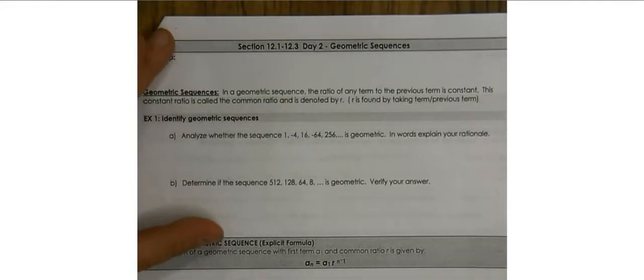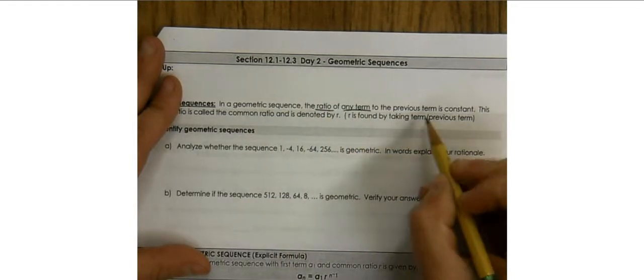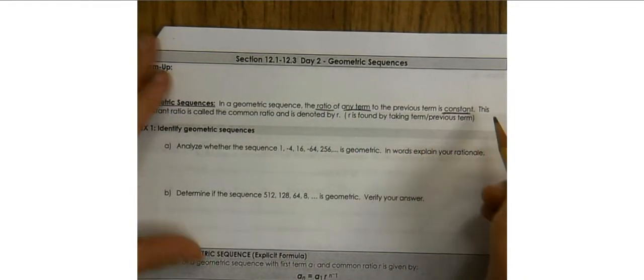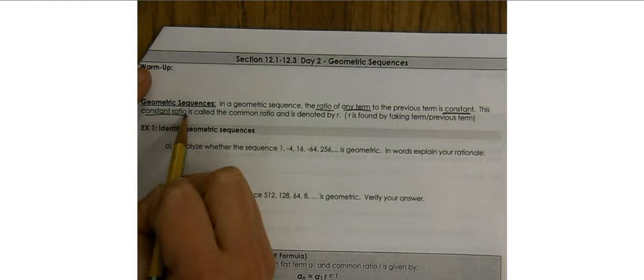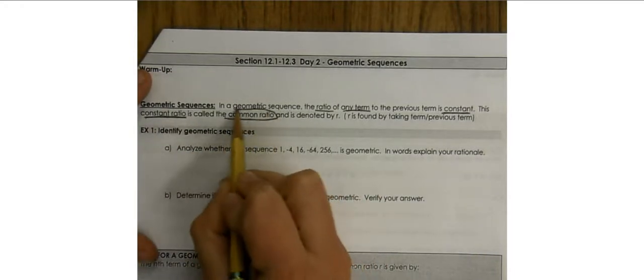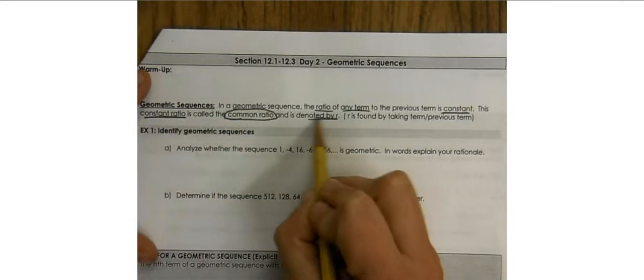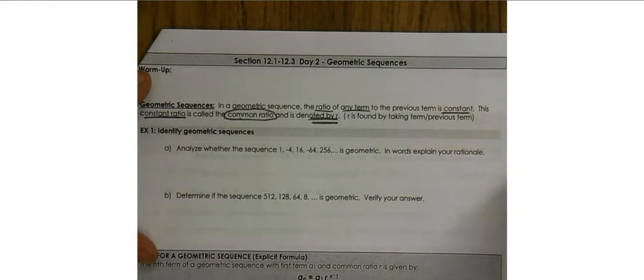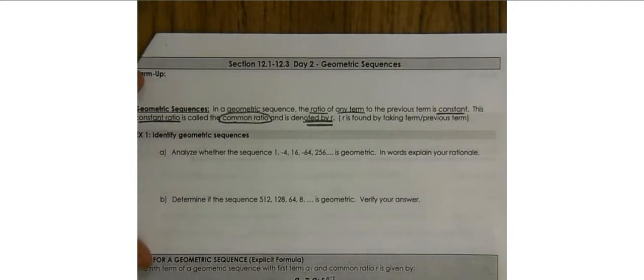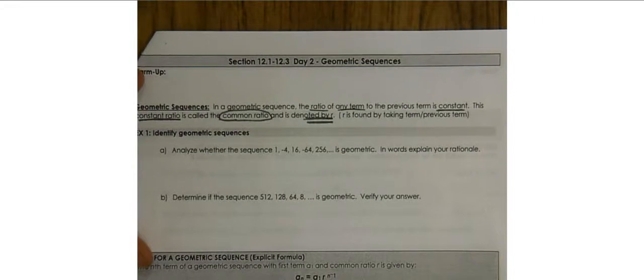But in a geometric sequence, the ratio of any term to the previous term is constant, and this constant ratio is called the common ratio, and we call it the letter r. That means that we are multiplying by r, or the same number, every single time in order to get to our next value.